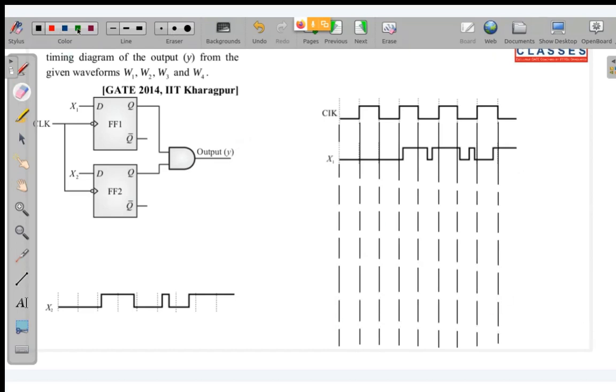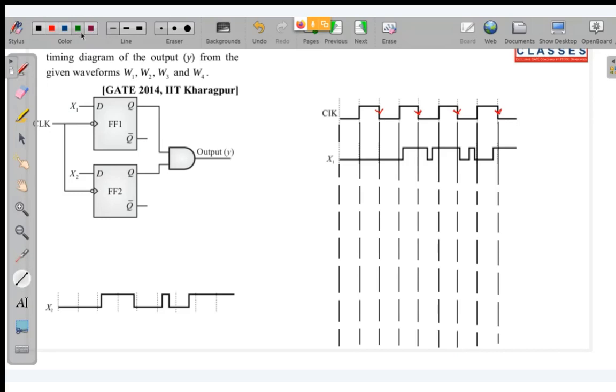So now look, this is your negative edge triggered flip flop. So x1 is the input to flip flop 1. So these are all the negative edges. Your inputs are allowed to make transitions only at the negative edges.